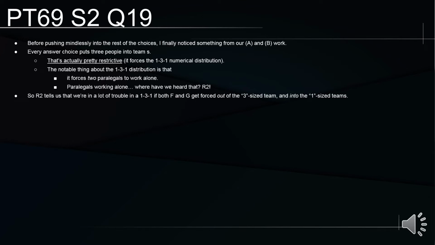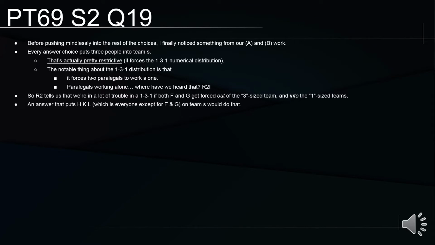So Rule 2 tells us that we are in a lot of trouble in a 1-3-1 distribution if both F and G get forced out of the 3-size team and into the 1-size teams, because that specifically forces both F and G to be alone, and that is a very specific and upfront violation of Rule 2, which tells us that both of them cannot be alone, even if one of them has to be.